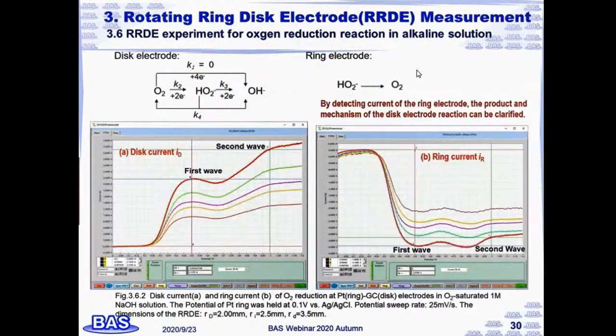For easy viewing, the disk current and the ring current are displayed in separate graphs.